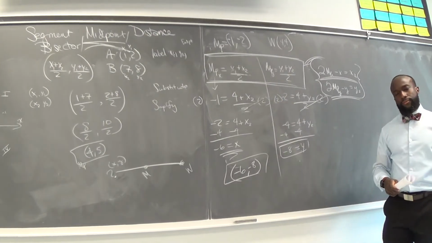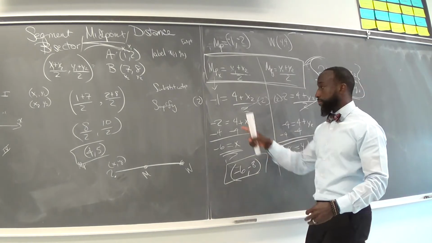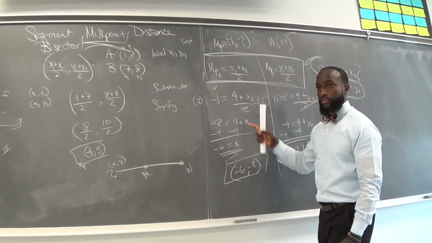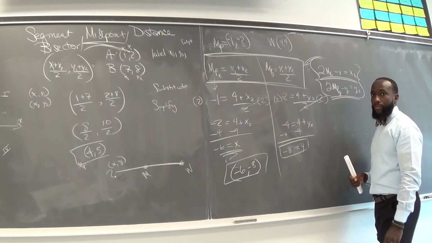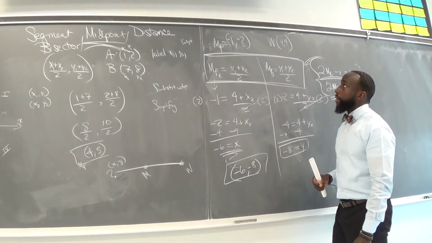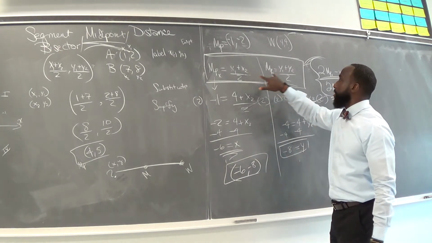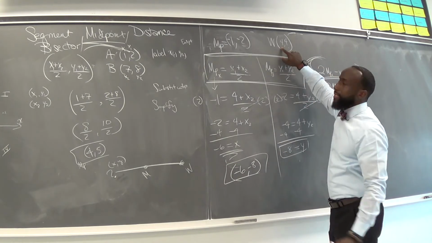Yes, sir. On the first one where you did -1 equals 4, would you put x2, and on the other one y2? Yeah, you do that every time. It doesn't necessarily matter, because this is the only given one.